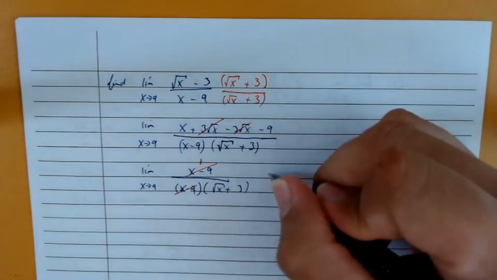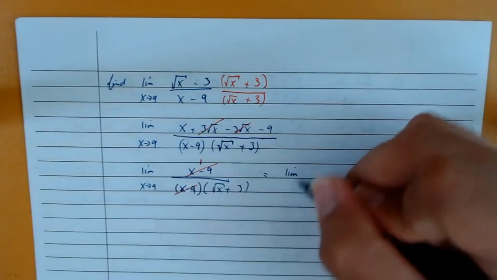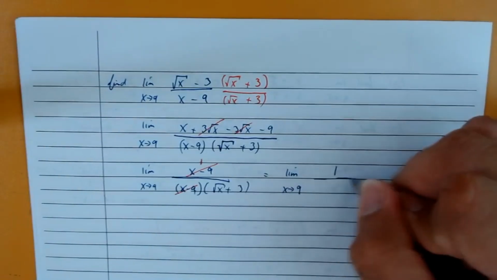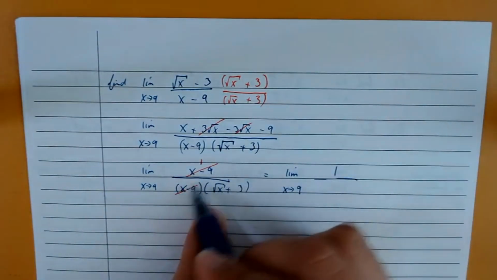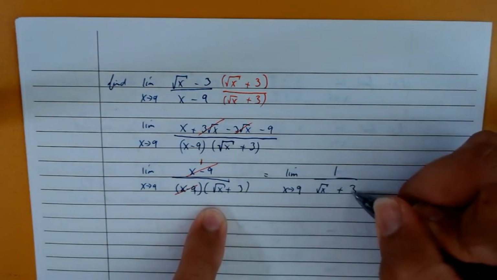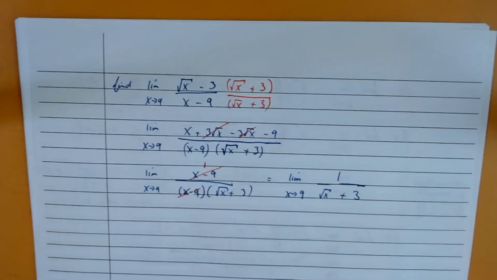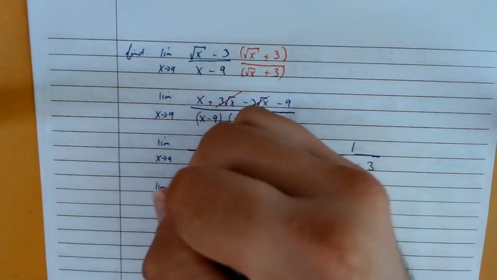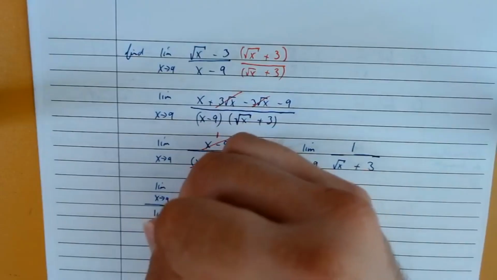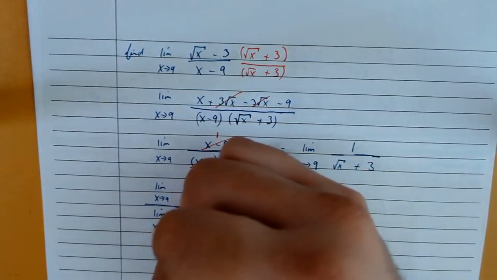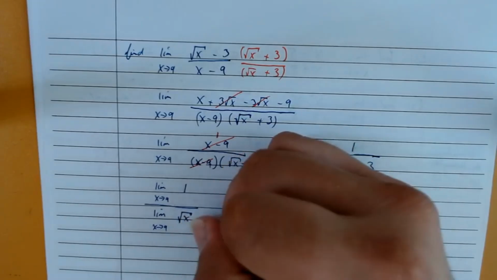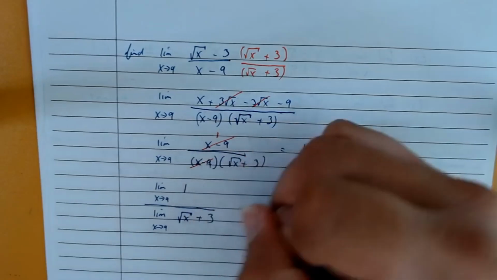So that's going to give us the limit as x approaches 9 of 1 over, these two have divided away, just the square root of x plus 3 on the outside of the square root. Which means we can now take the limit of the top, limit as x approaches 9 of 1, over the limit as x approaches 9 of the square root of x, and then on the outside of the square root we have a plus 3.